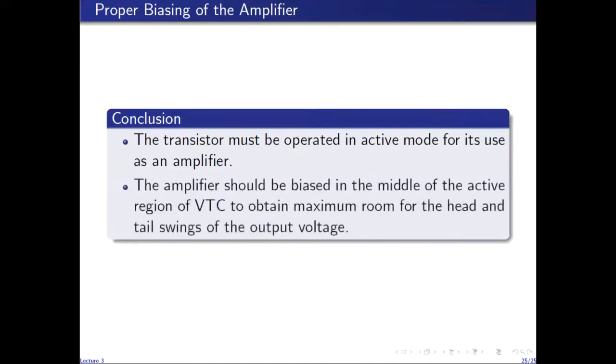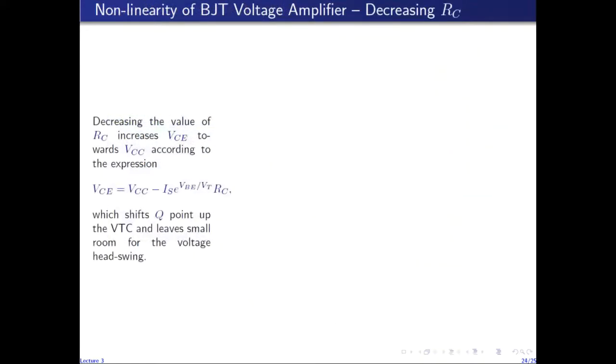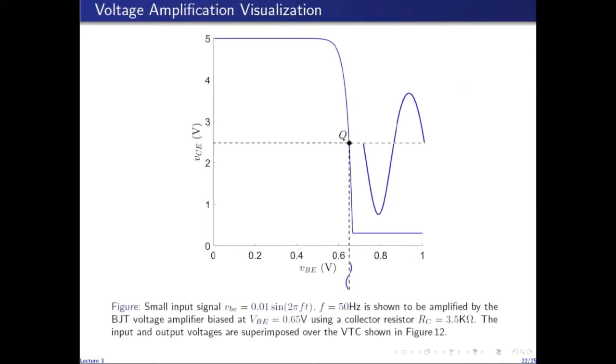So in order to avoid this, the transistor should be biased in the middle of the active region of the voltage transfer characteristic, just like we did here. If we bias the transistor in the middle of the active region, then we give the output voltage a chance to fully swing in both directions before forcing the transistor into either saturation or the cutoff mode.